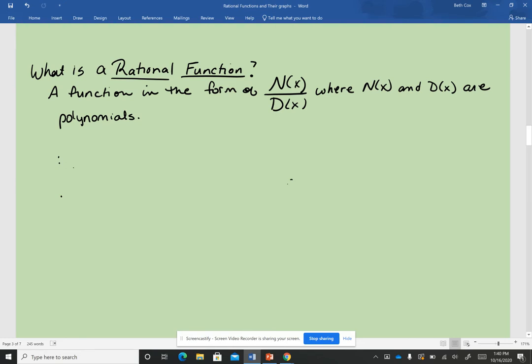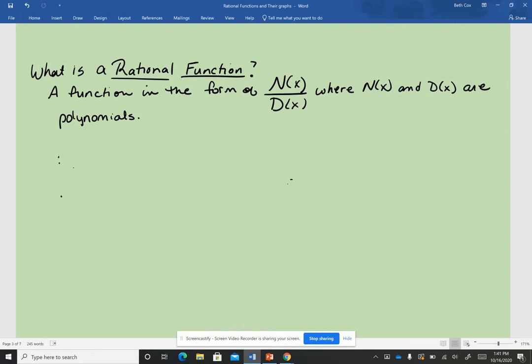Well, a rational function is any function that can be written in the form of a numerator over a denominator, where the numerator function and the denominator function are polynomials. So this is why we study polynomials first. If you think about functions, in chapter 2 we did an overview of functions, and we learned that functions have domains and ranges.